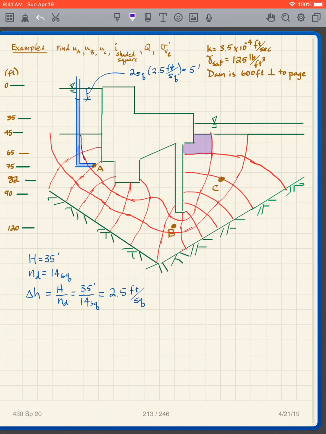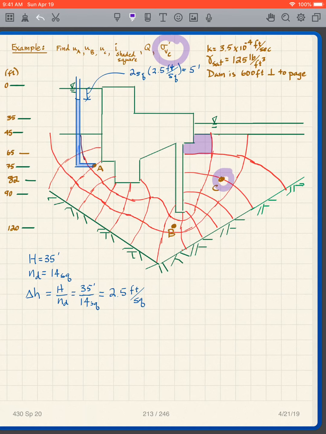So I've got points A, B, C. Find the pore pressure of those points. Find the hydraulic gradient for the shaded square. Find the total flow under the dam. And I want you to find sigma V prime at point C.